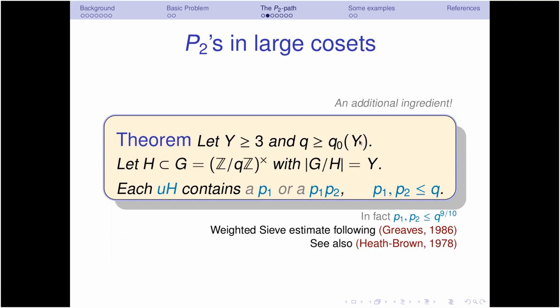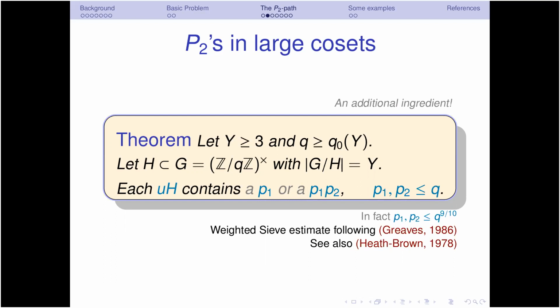In fact, you can find P1, P2 even smaller than that. Brown has done that for every single class, but the exponent was 2 minus a bit of something. I mean, he had beaten the exponent Q squared, the level of Q, of course.